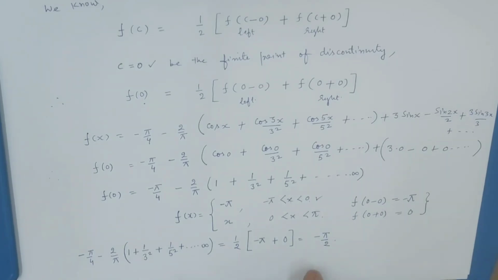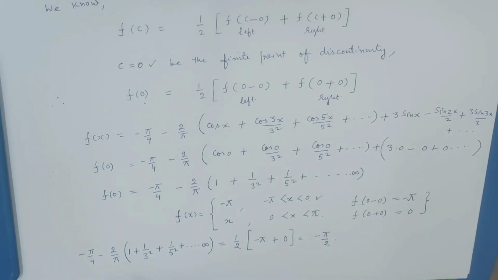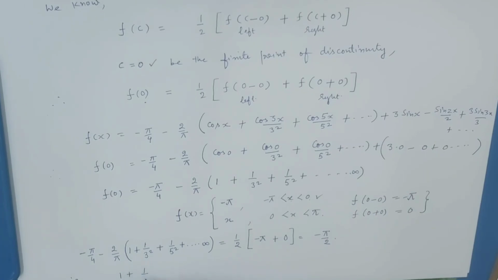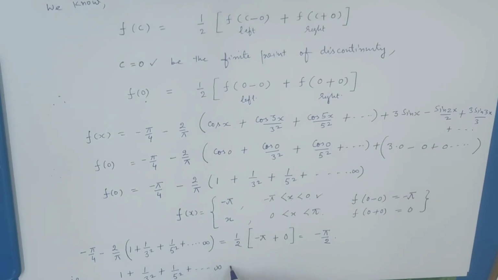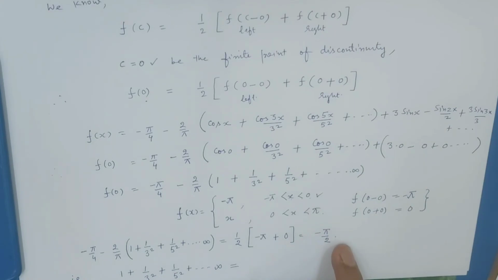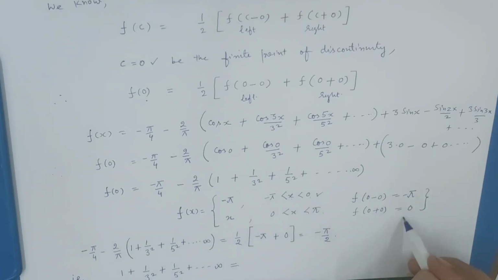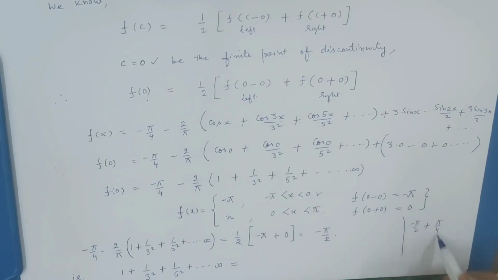We get this. अब इसको थोड़ा सॉल्व करते हैं, इसको बाहर निकाल लेते हैं किसी टाइप से. तो दैट इज 1 plus 1 upon 3 square plus 1 upon 5 square plus up to so on infinity. ये क्या मिलने वाला है हमें? इसको राइट हैंड साइड में लेंगे, माइनस का प्लस हो जाएगा, that is equal to minus pi by 2 plus pi by 4.